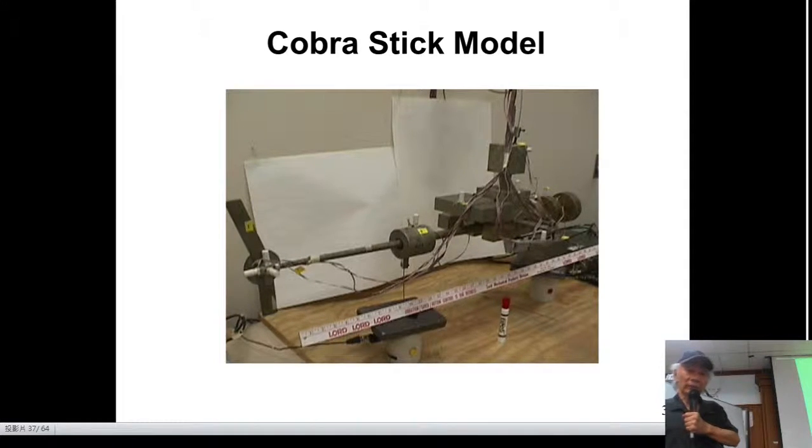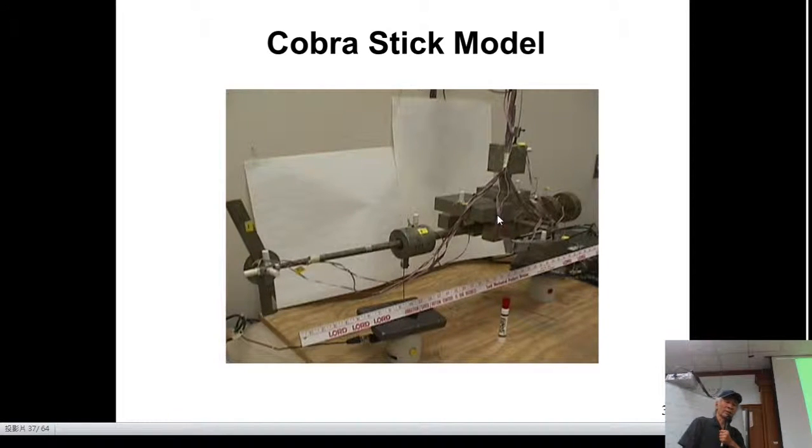For example, we have a shaker here, which will shake this beam here. And then we have this, which looks like a propeller, and this looks like the hub.